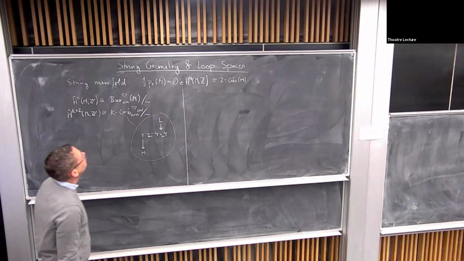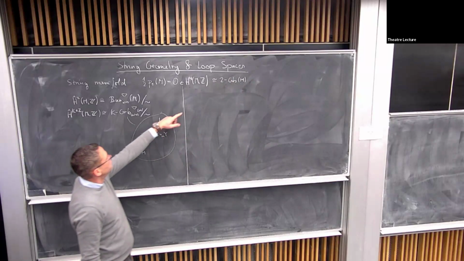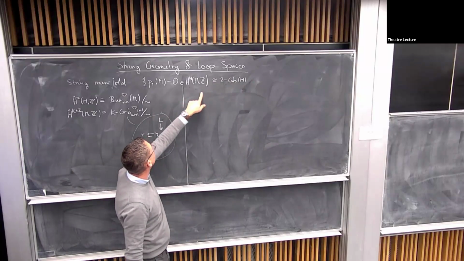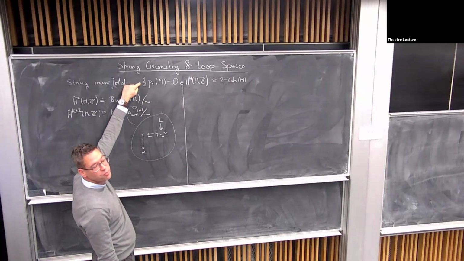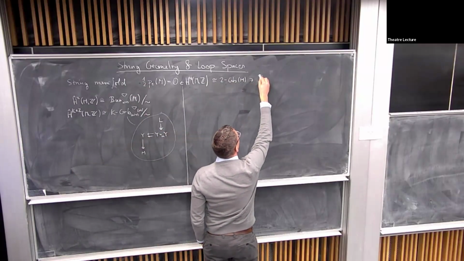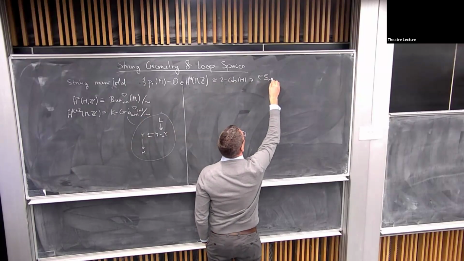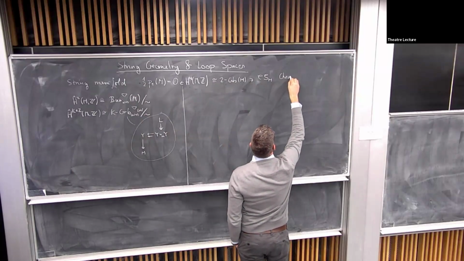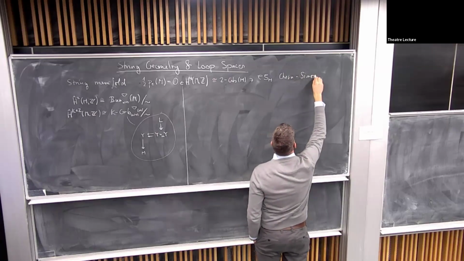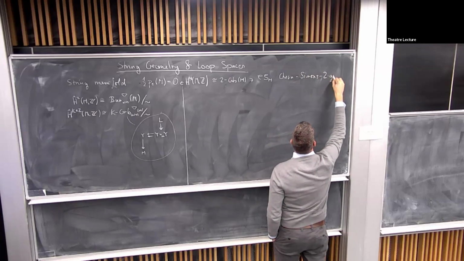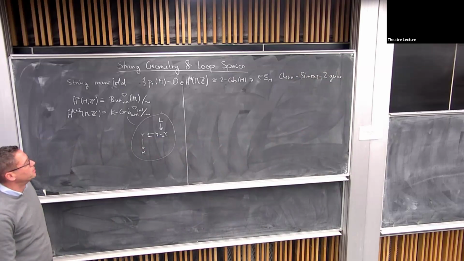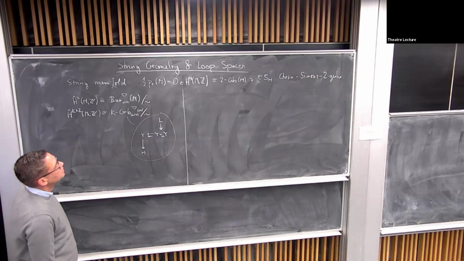And indeed, there is a specific 2-gerb over M whose characteristic class under this isomorphism is the 1/2 Pontryagin class. It's called the Chern-Simons 2-gerb of M. It was constructed by Michael Murray, Alan Carey, and other Australian colleagues 20 years ago.